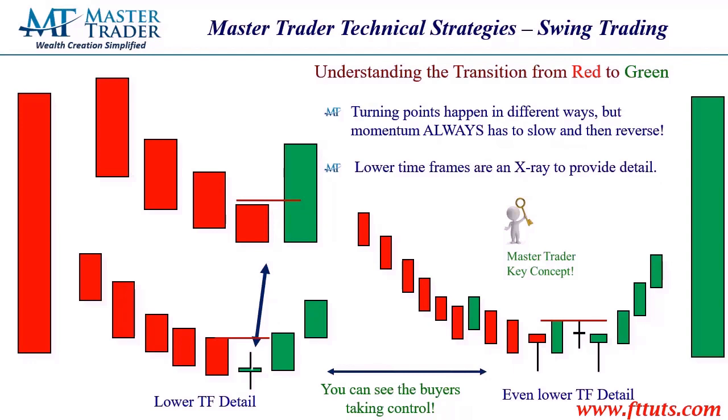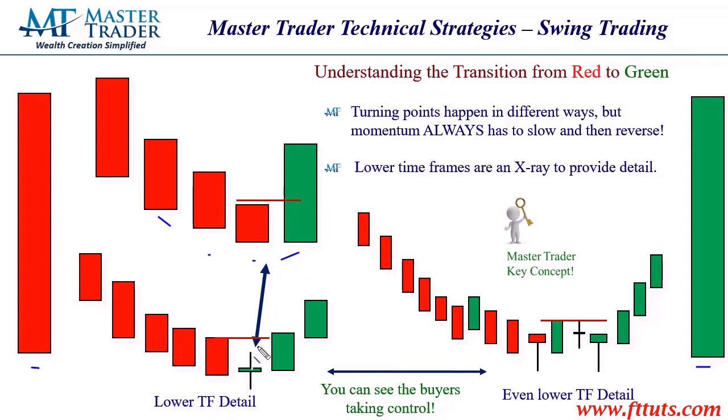So we've got this big red candle on the left right here, and we're saying there was this transition to that big green candle. Depending on the time frame that you're looking at, it's going to determine how many bars you see. How far down are you going into smaller time frames, where this one bar could be several bars and then the turn occurs?